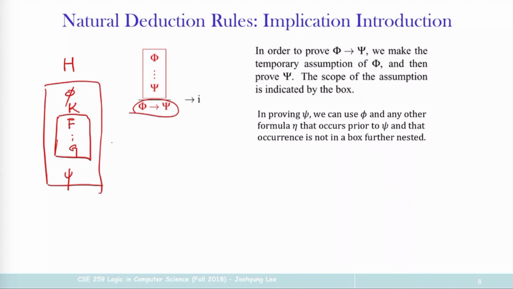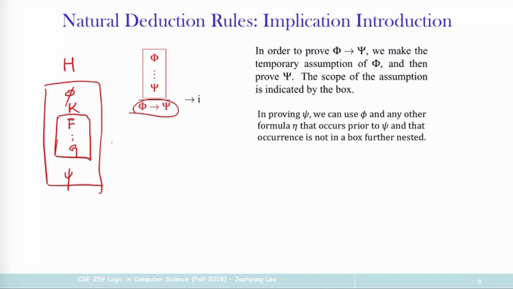However, you are not allowed to use F and G, because they are inside a box that is inner than the current box where psi is. You can also use H because H is outside the current box. So outside the current box or outer boxes are fine, but the inner box you cannot access.